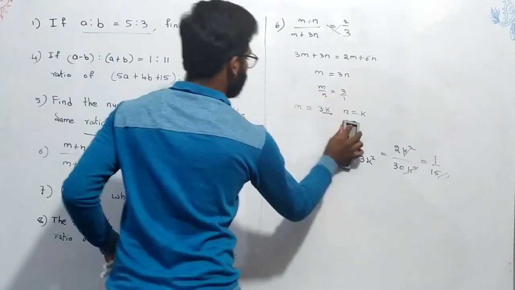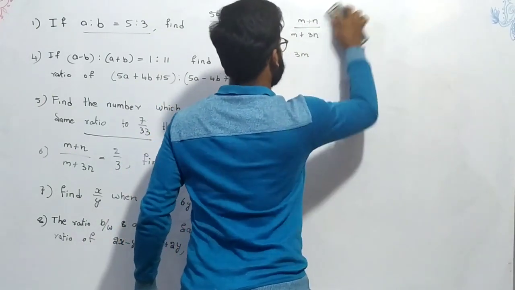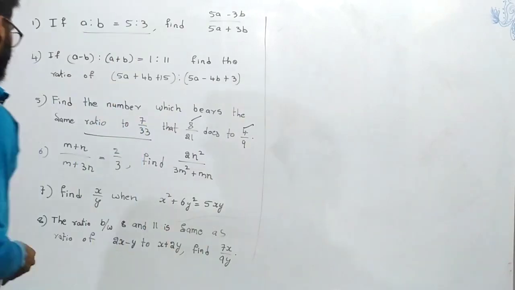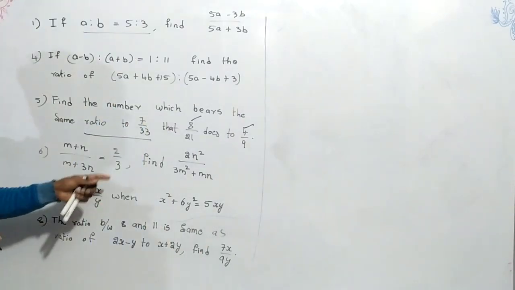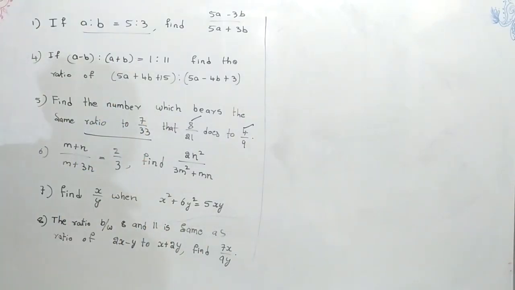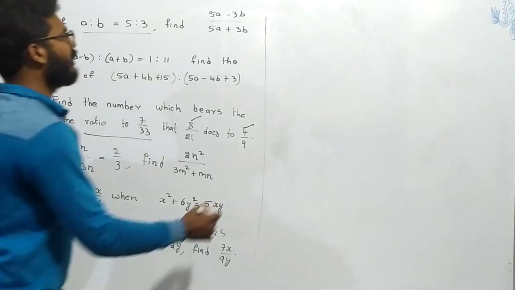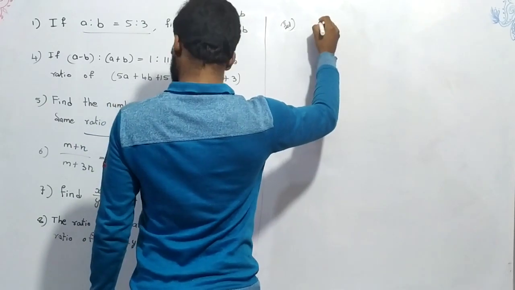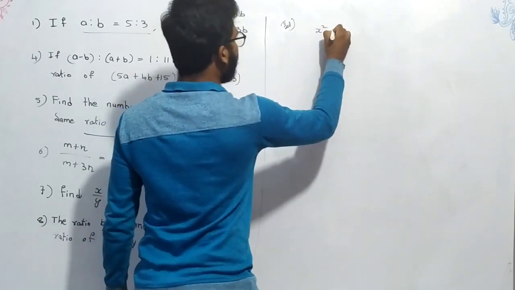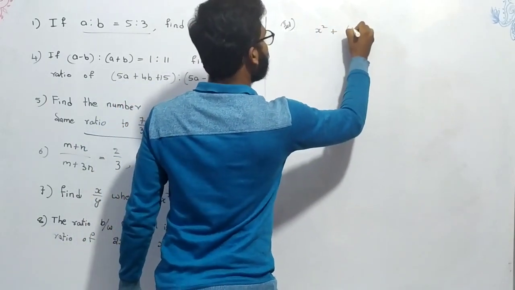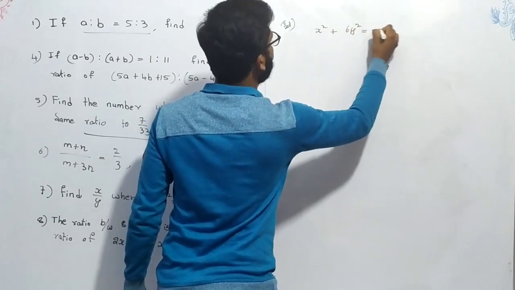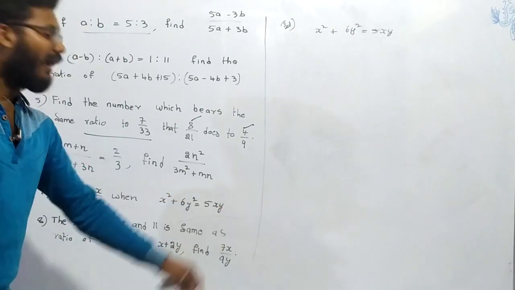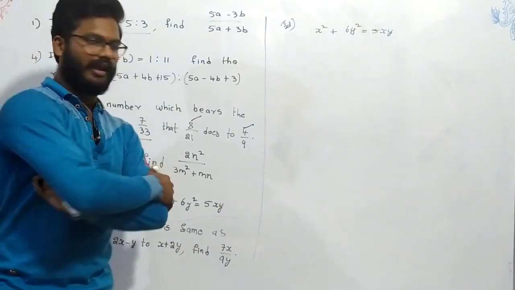Next. Find x by y when x square plus 6y square equal to 5xy. Observe this carefully. They gave the equation, we have to find x by y. x square plus 6y square equal to 5xy. We have to find x by y here.